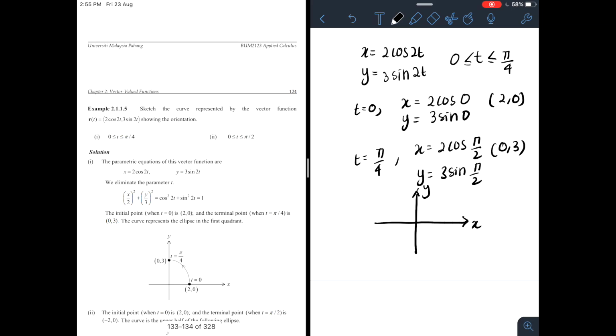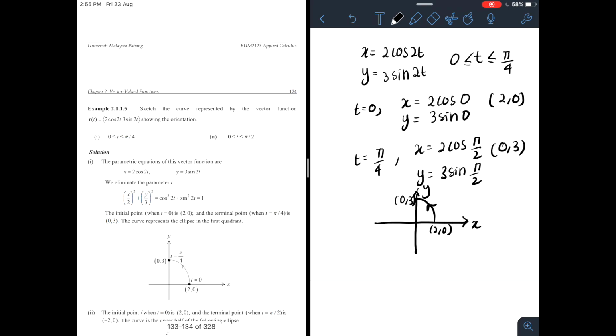It should look like a portion of an ellipse. So it starts at (2, 0), and then it ends at (0, 3). Then that is the orientation of your parametric curve.